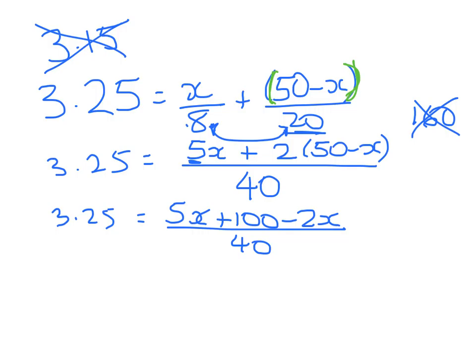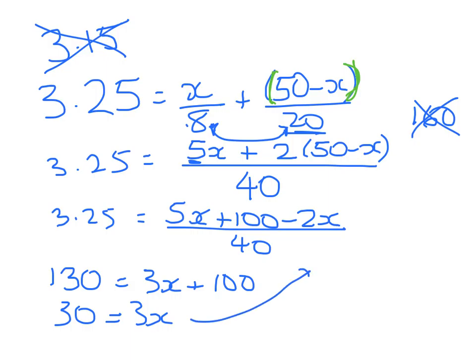Cross multiplying that, we get 130 equals 3x plus 100. Look, the whole problem's collapsed into a really easy Year 9 linear equation. 30 equals 3x, x equals 10.